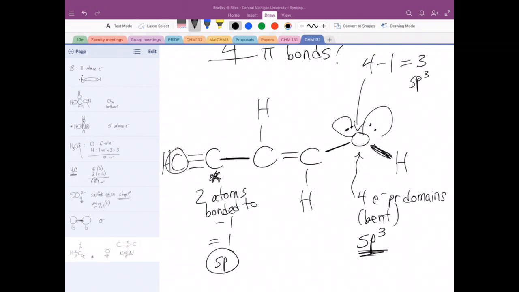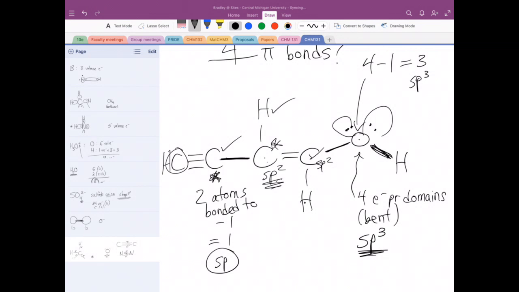What's another example? This carbon, again, has no lone pairs, but it is surrounded by 3 atoms. If you take one away, it's sp2. Same with this one: it's surrounded by the oxygen, this hydrogen, and a carbon, so that would be sp2.